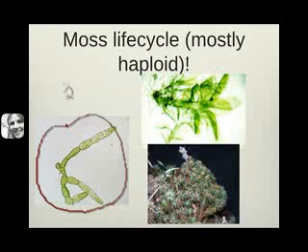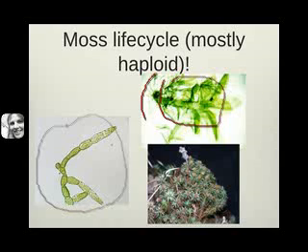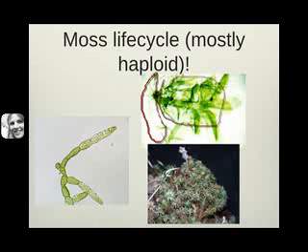And the protonema will continue to divide mitotically to form a thallus and the rhizoids. And on top of this thallus, we will see the new gametophyte generation. So the new male and female sexual spores are produced here on the thallus. And we'll look at that in the next slide.